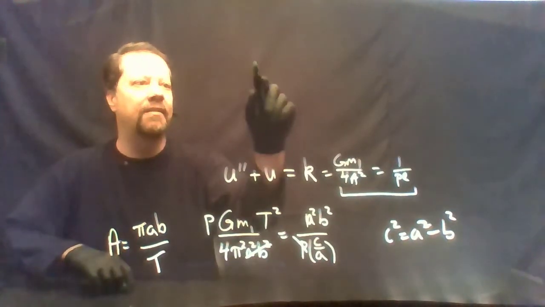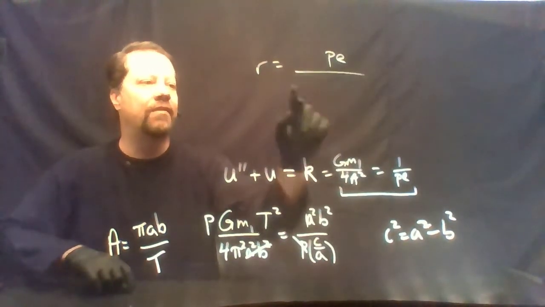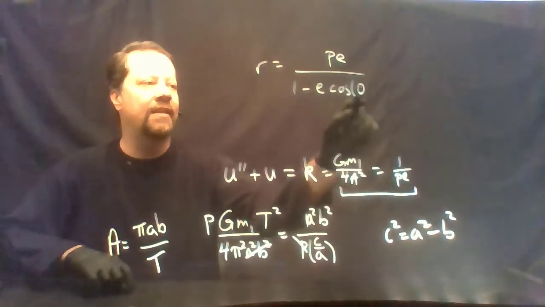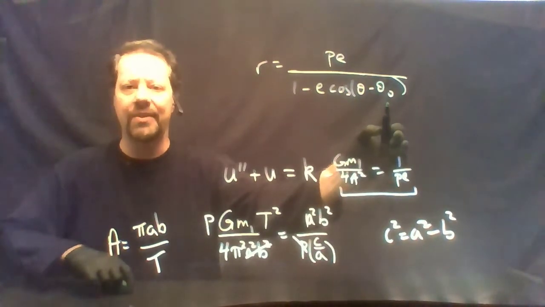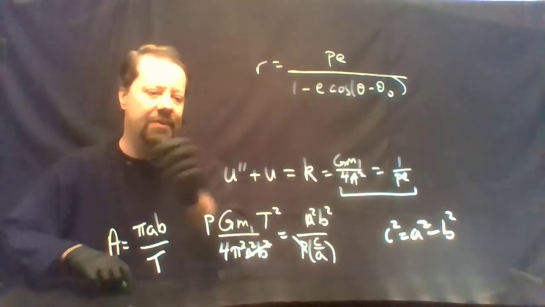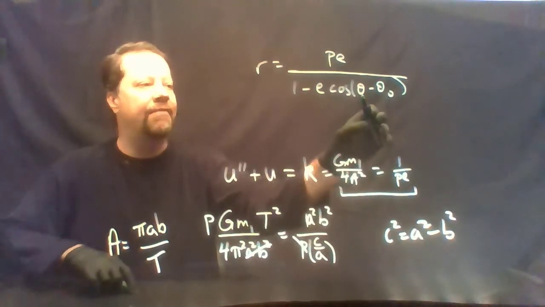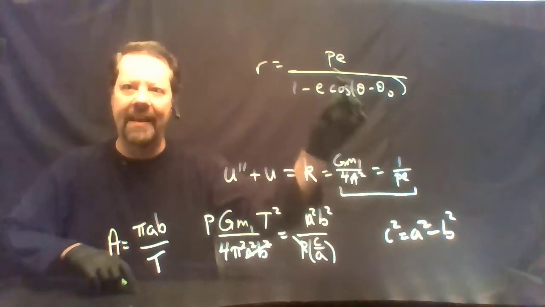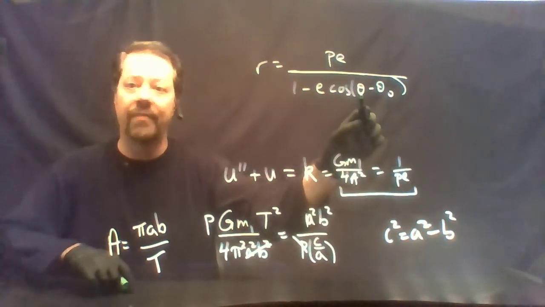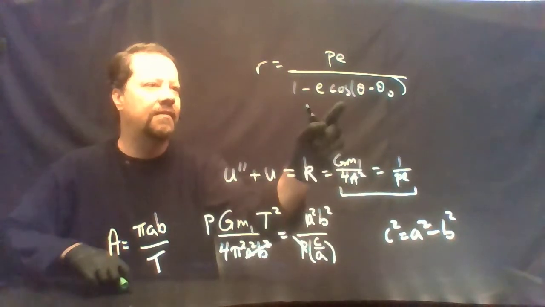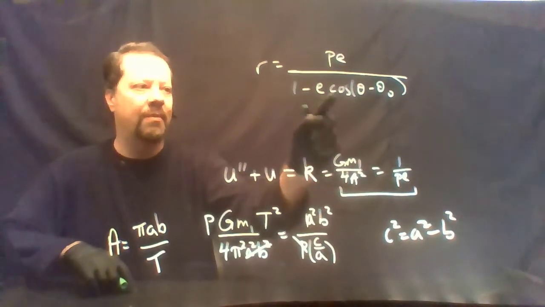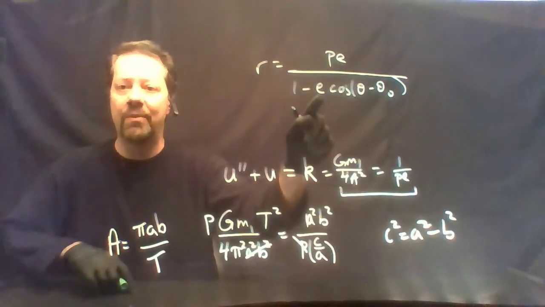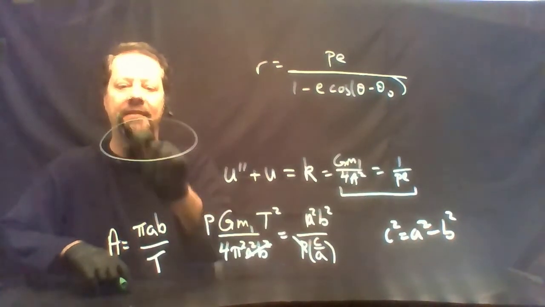Evaluating the formula r equals pe over 1 minus e cosine theta minus theta naught, we can set theta naught equal to 0 if we wish, putting the ellipse into a nice standard position. If we evaluate at theta equals 0, we'll be subtracting the maximum amount, and we will be at aphelion.